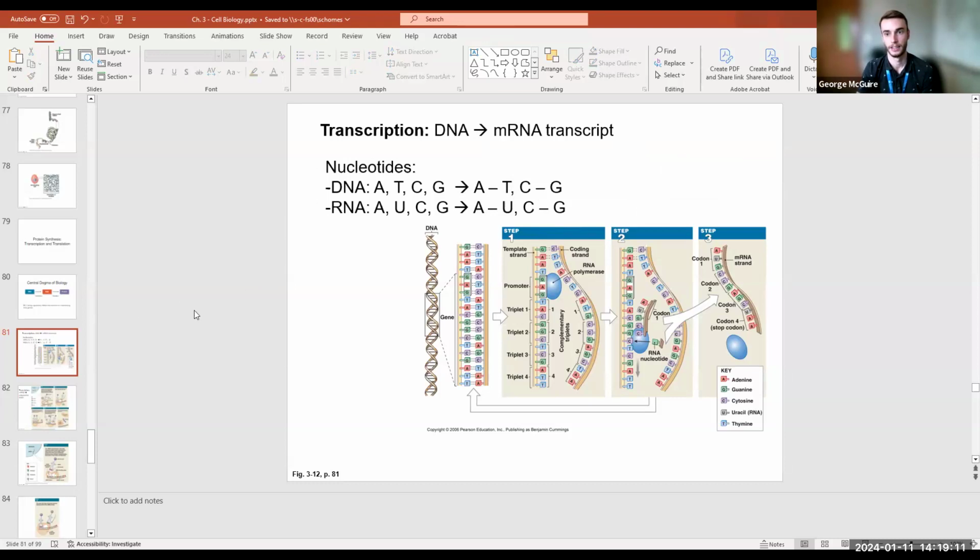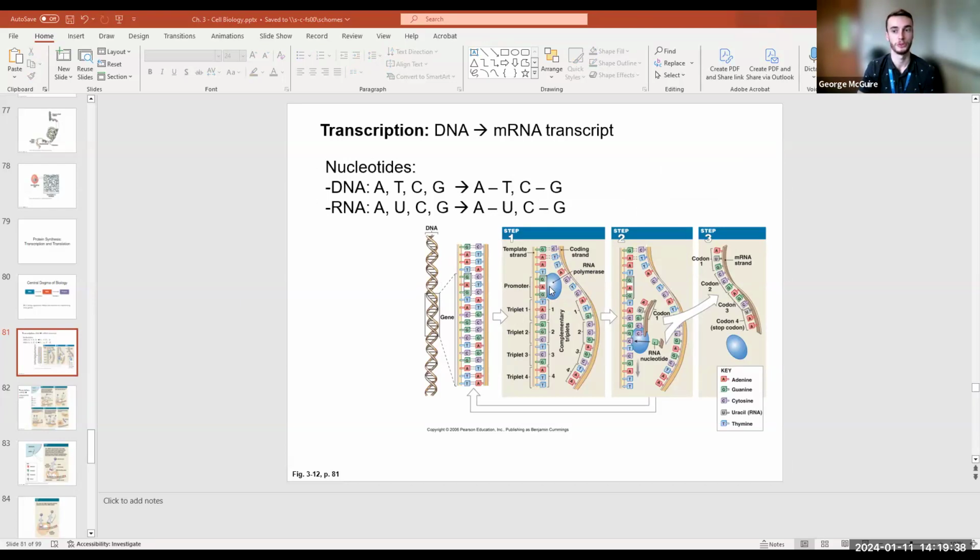Okay. So the process of transcription requires us to literally unzip this double strand of DNA so that we can get access to our template strand, which carries the actual gene. And so we have a particular protein here called RNA polymerase, which is going to bond with our template strand at a very specific region called the promoter.